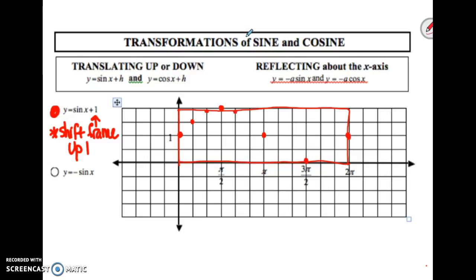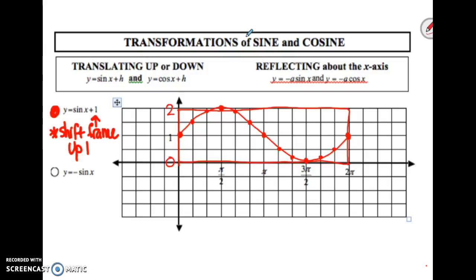And then I can just fill in the points in between. And you'll get used to making this shape. The more you do it, you're going to do it a lot. You'll know exactly what it looks like. There we go. So I've shifted my frame up 1. Again, my domain has stayed from 0 to 2 pi, but now my range has changed from 0 to positive 2 instead of from negative 1 to 1.